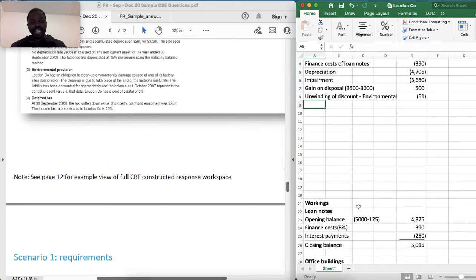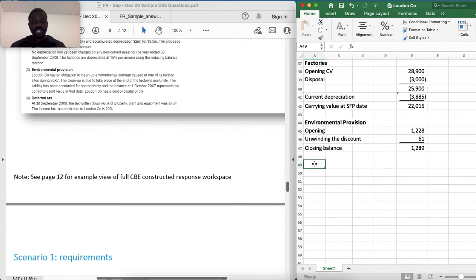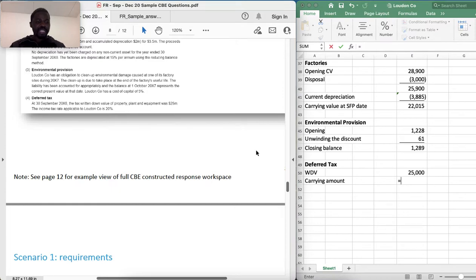Then now let's go to the last note, deferred tax. So let's calculate our deferred tax. We are told that the tax written down value is 25 million. So we'll put 25,000. Then we have got our carrying amount.